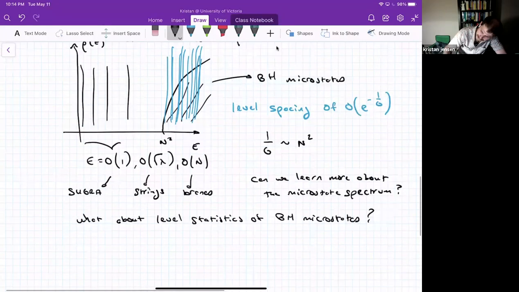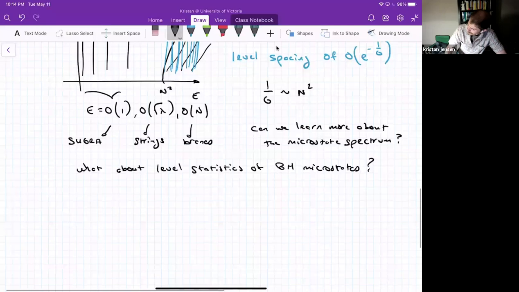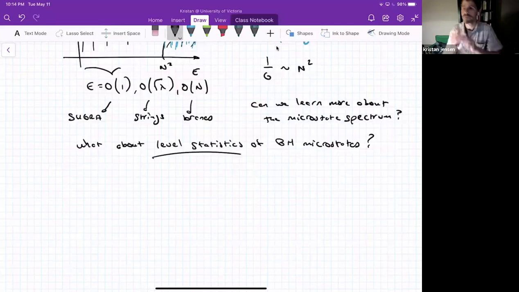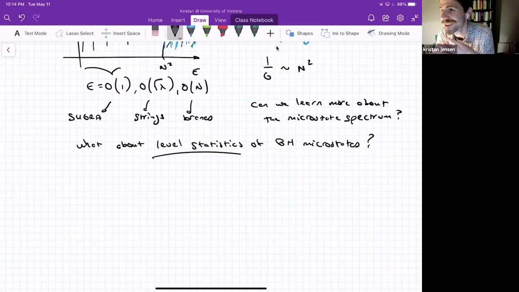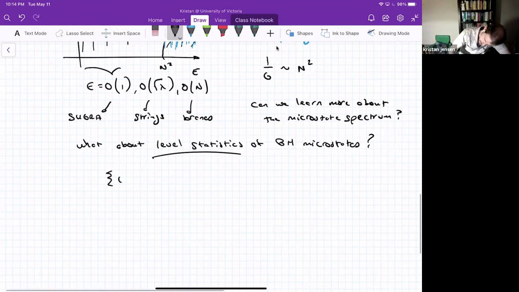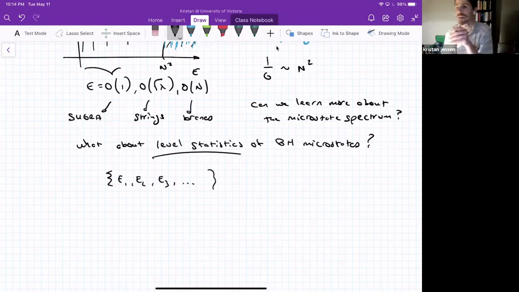And what do I mean by level statistics? Well, the set of energy eigenvalues of N=4 on a sphere, or equivalently the set of energies of black hole microstates, forms some set. Maybe energy of the first state, energy of the second state, energy of the third state, etc. There's infinitely many of them, evidently.